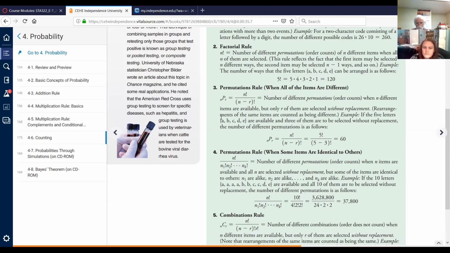We could do this with the entire alphabet: 26 factorial. That sounds like a big number, and it is. It's gigantic, but it's divided by 26 minus 3 factorial, or 23 factorial.